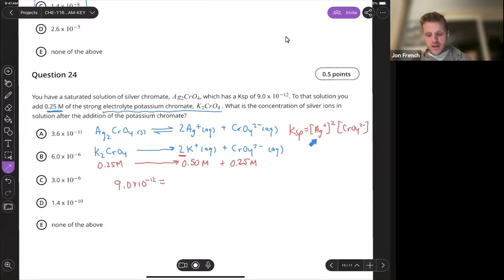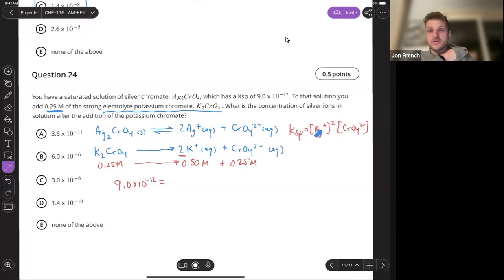So here, if I did not know either of these concentrations, I would say 2x and x, and I would get the 4x cubed, and I would go that whole route. Here, however, we know one concentration already. We know the chromate from the potassium chromate. So we're all set with chromate.